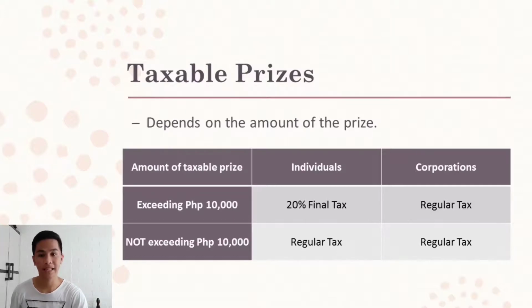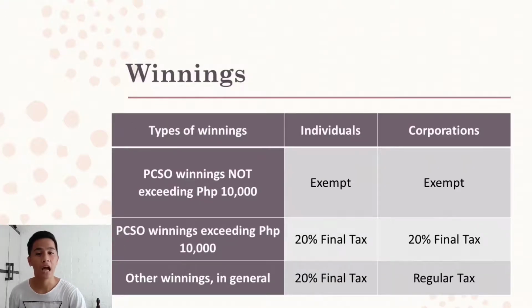tax. Next slide, please. On winnings, for individual income taxpayers, winnings received from sources within the Philippines are generally subject to 20% final tax, except winnings from the Philippine Charity Sweepstakes Office or the PCSO games amounting to 10,000 pesos or less.